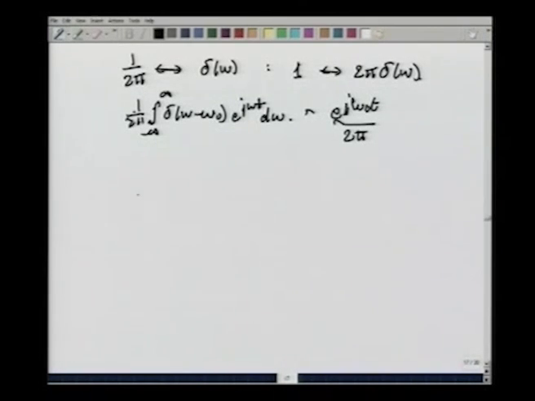That is to say that x t is e to the j omega naught t. The Fourier transform pair you now have is that the complex exponential periodic function e to the j omega naught t has a Fourier transform given by 2 pi delta omega minus omega naught.